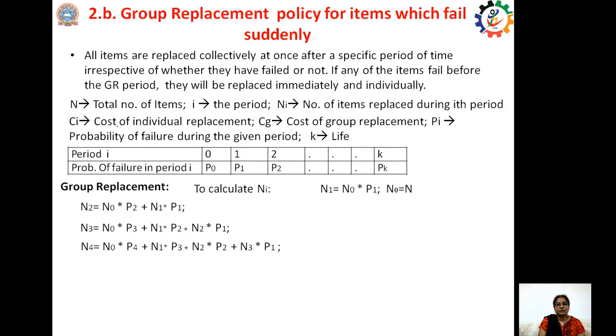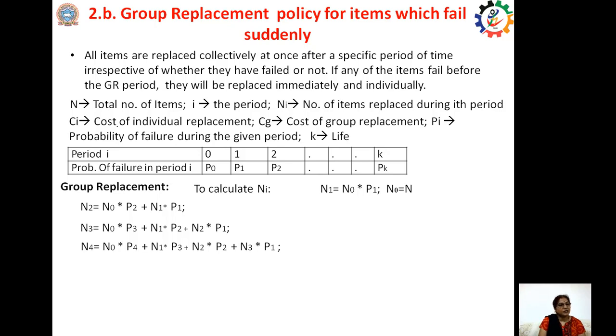Similarly for N4, there are 4 parts. Suppose 5 got replaced here, 10 here, and 15 here. When you come here, it will be 5 plus 10, 15, 15 plus 15, 30. Supposing there are 100 in total, 100 minus 30, 70 are fresh for the fourth duration.